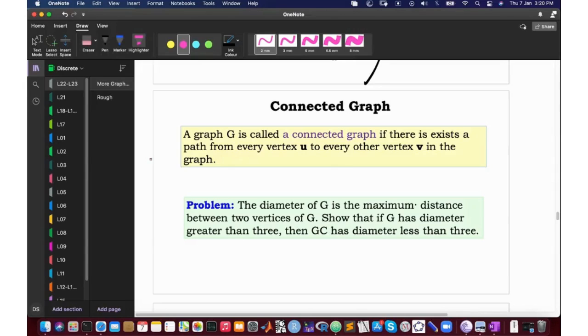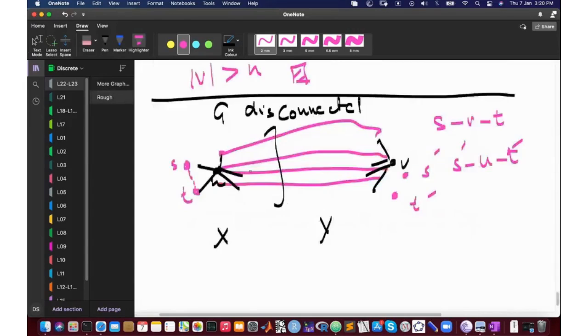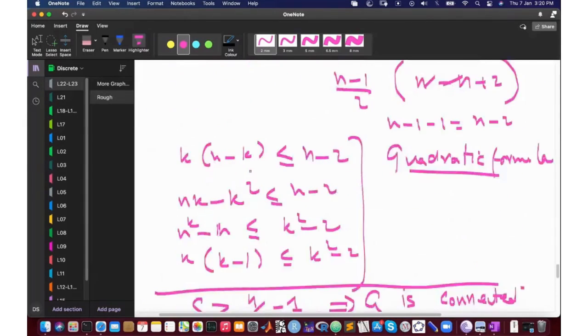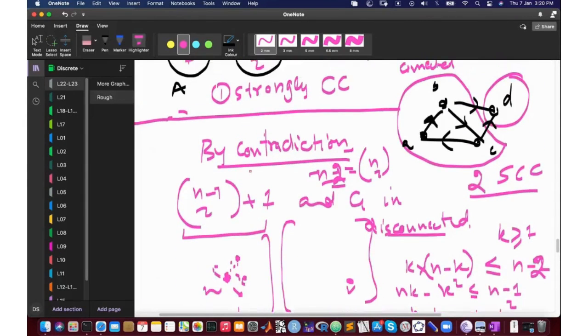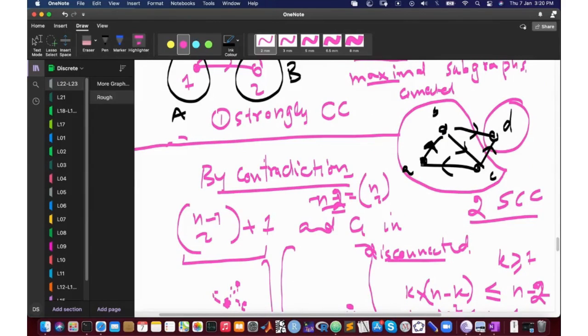Okay, so let's look at the diameters of the graphs we have seen so far. For example, this is your graph. So what is its diameter? What do you guys think?